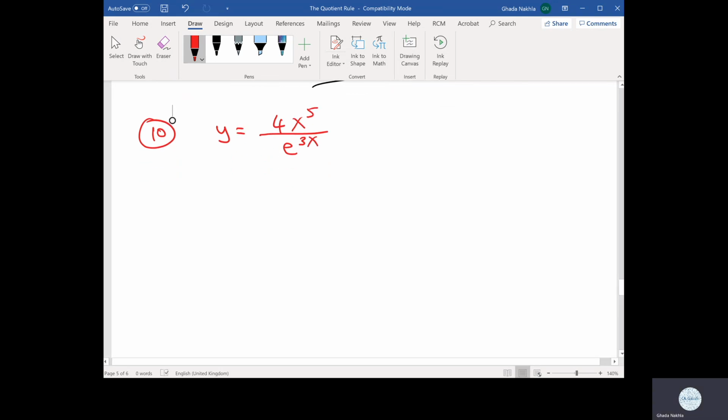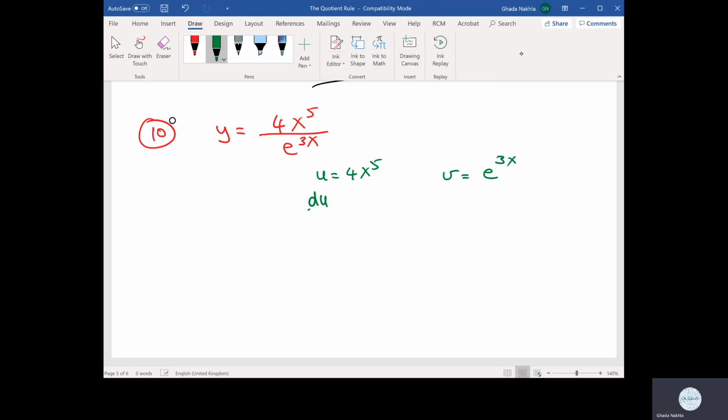The first thing you need to think, which rule am I using? It's a divide, and therefore I am using the quotient rule. Identify u and v. U is always the one at the top, numerator. V is always the denominator, all the time.